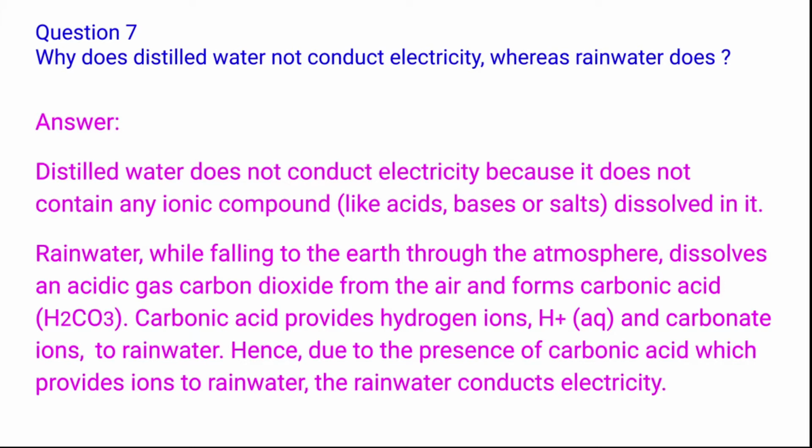Rainwater, while falling to earth through the atmosphere, dissolves an acidic gas like carbon dioxide from the air and forms carbonic acid, that is H2CO3. Carbonic acid provides hydrogen ions H positive and carbonate ion CO3 2 minus to rainwater. Hence, due to the presence of carbonic acid which provides ions, rainwater conducts electricity.